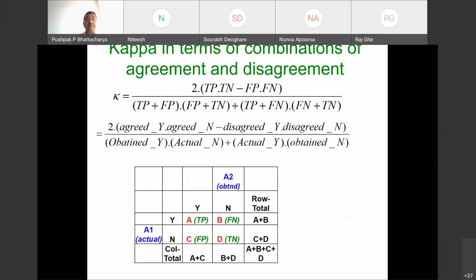An interesting formula for Cohen Kappa, which I would like you to remember, is that Cohen Kappa is equal to 2 into agreed yes into agreed no minus disagreed yes into disagreed no, divided by obtained yes into actual no plus actual yes into obtained no. There is a kind of symmetry in this formula, which is 2 into the agreement situation minus the disagreement situation, and then there is a cross interaction between actual no, actual yes, and obtained no. This is an interesting formula which is obtained from this consideration of true positive, true negative.